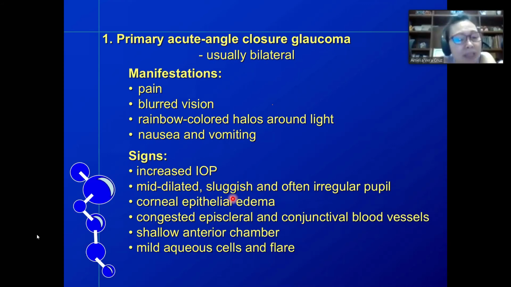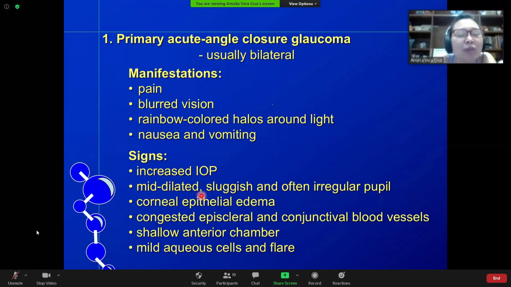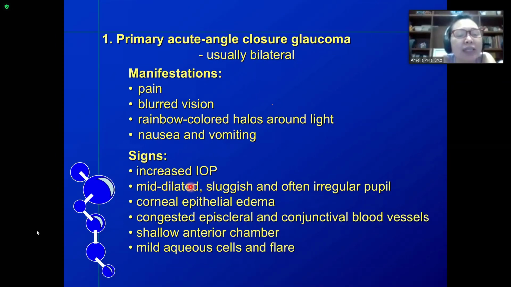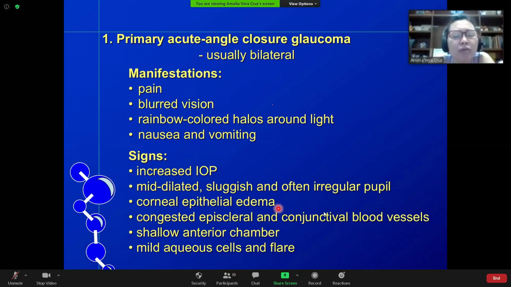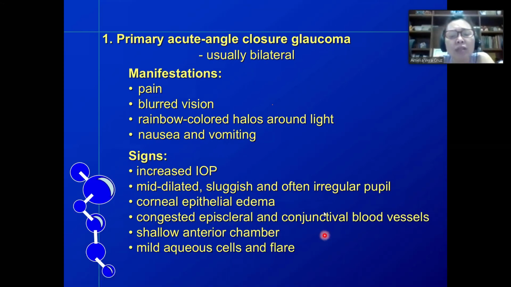Pag mataas ang pressure. Okay? So, pag mid-dilated yan, pwede ka magbigay ng pilocarpine. Kaya lang, mahirap ang pilocarpine mag-effect kung mataas na mataas ang pressure. You have to give other medicines to decrease the IOP. Now, there is corneal epithelial edema, kaya meron kang halo. The congested episcleral and conjunctival blood vessels.